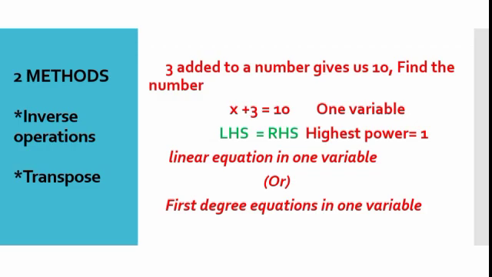An equation having power 1 is called a linear equation, and here the degree is 1. So we can write: first degree equation in one variable. This kind of equation is called a linear equation.